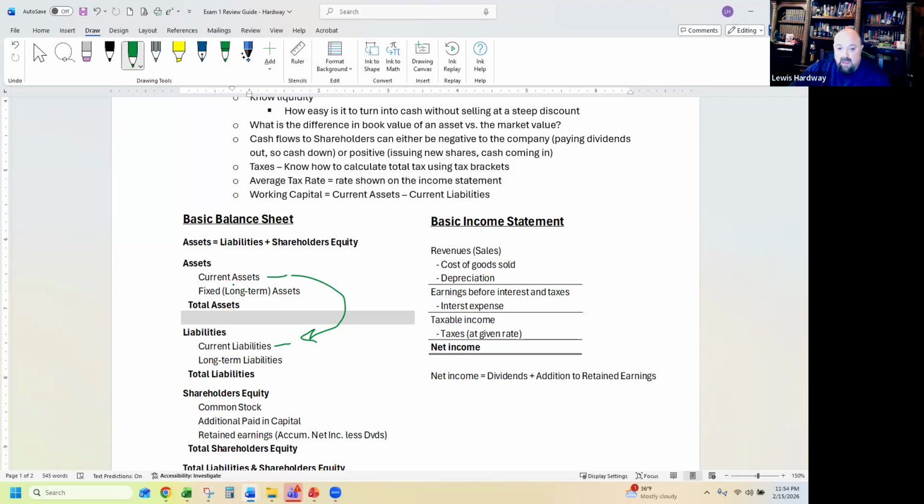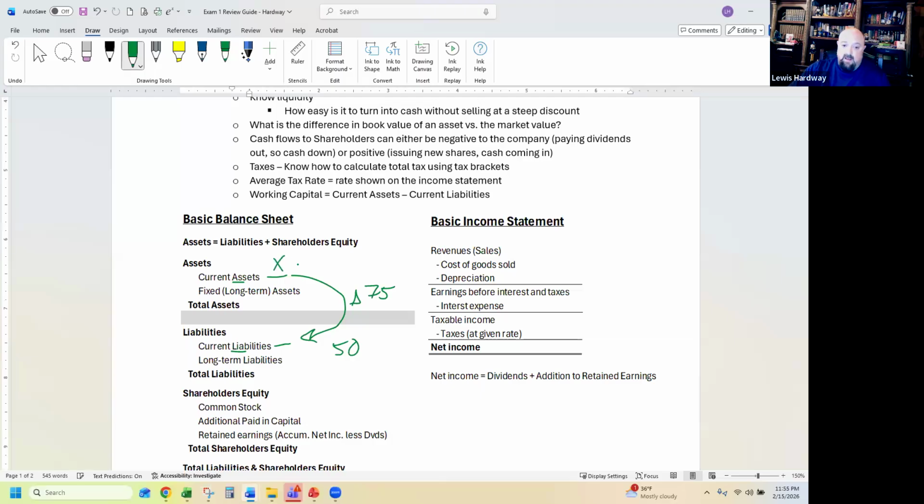We know that it's current assets minus current liabilities. So if it gives us current liabilities and it gives us the change in net working capital, like say current liabilities is 50 and the change, that's the delta sign for change, is 75, then what is the current assets?